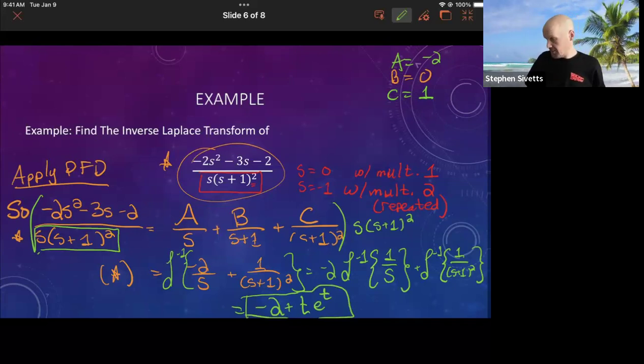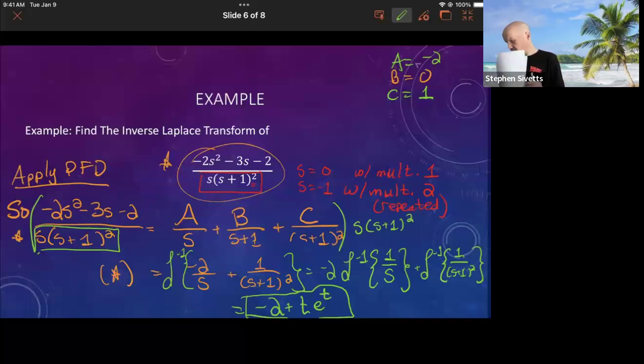The last case is going to be much more tough to articulate. That's okay. And it deals with irreducible quadratic factors. And I'm looking for the example that I did. So it's right here. Great.